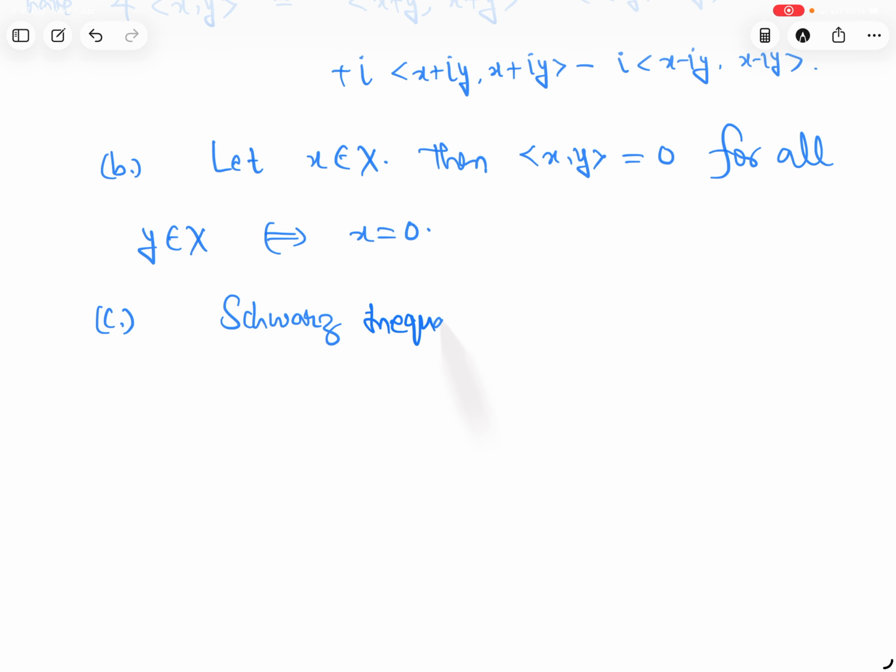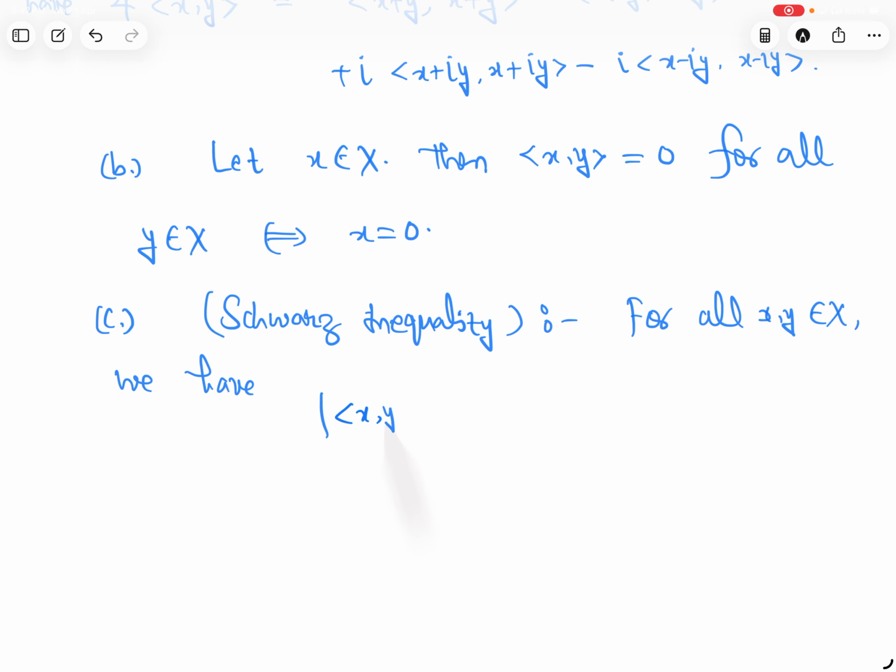Schwarz inequality. What is that? For x, y belonging to X, we have the absolute value of the inner product of x and y squared is less than or equal to the inner product of x with x times the inner product of y with y.